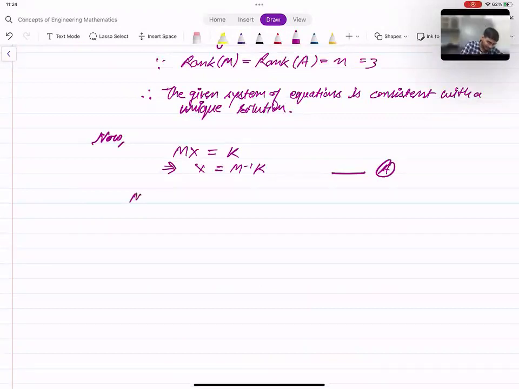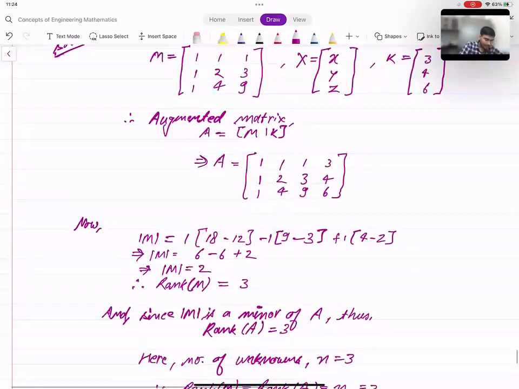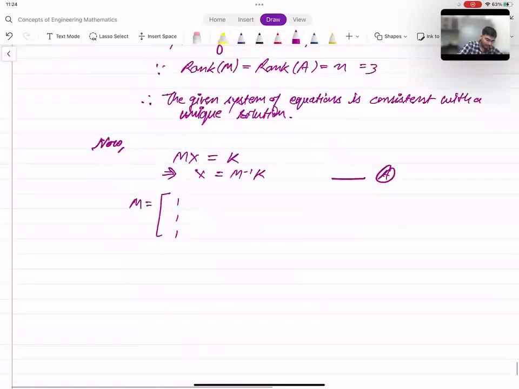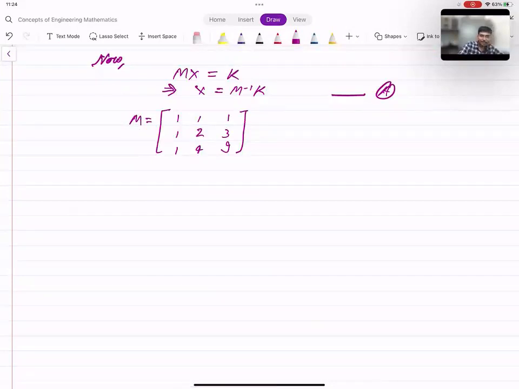Let me write the matrix again. So M was 1 1 1, then 1 2 4, and 1 3 9. Therefore, the cofactors are given as, let us say, M subscript C 1 1.